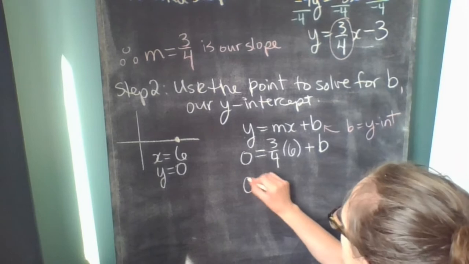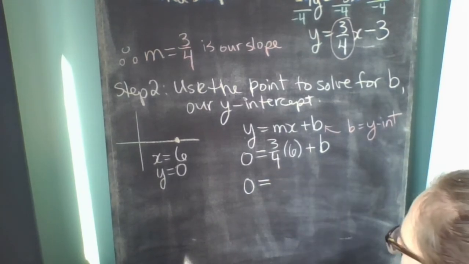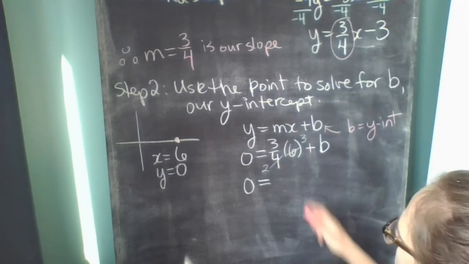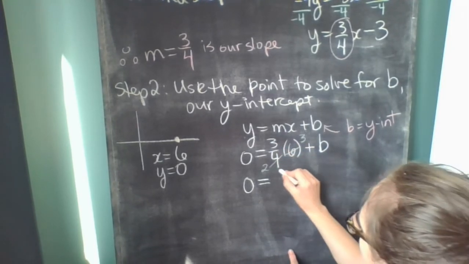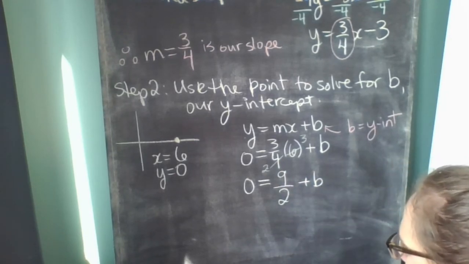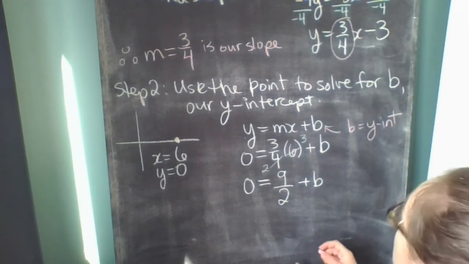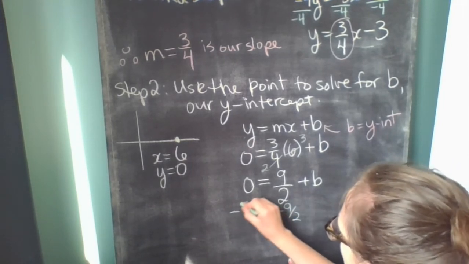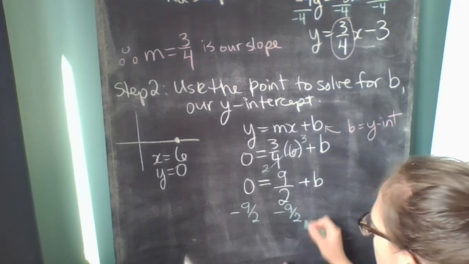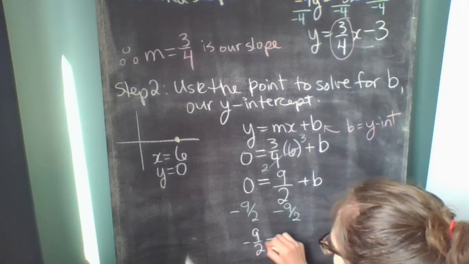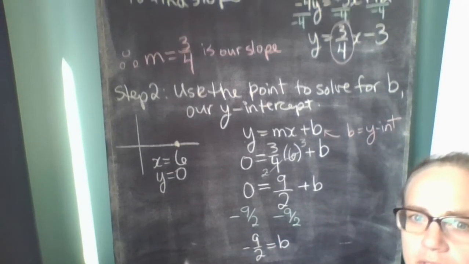Well, 0 equals, we can simplify this, right? 2 goes into 4 twice, 2 goes into 6 3 times. So 3 times 3 is 9/2 plus b. Minus it from both sides to rearrange. Minus 9/2, minus 9/2. So that means that negative 9/2 is our y-intercept.